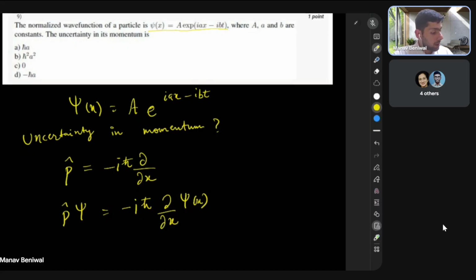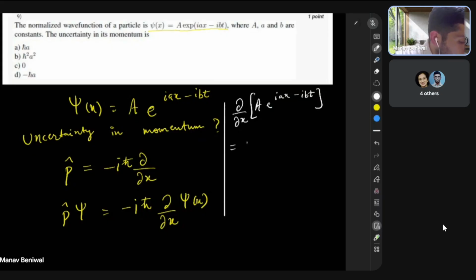If I just take the derivative here, so del by del x of A, and then here we have iota ax minus iota b times t, this will be simply equal to iota a, and then the same wave function again. So this is just iota a times psi.